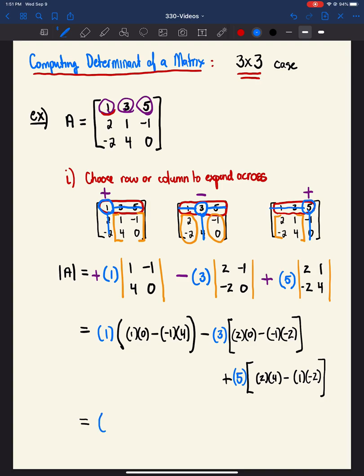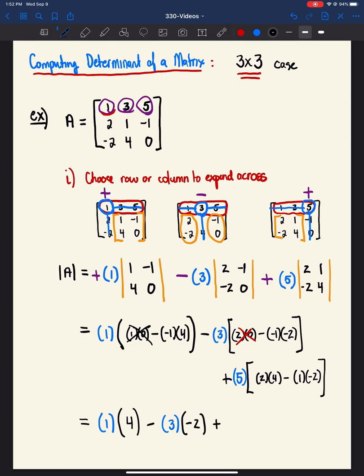So in this case, we have that 1 times that determinant of the 2 by 2, which comes out to 0. And then we have a minus 1, so a 1 times 4. We subtract from it the 3 times 2 times 0, which is 0. And then a minus, which gives us a minus 2.